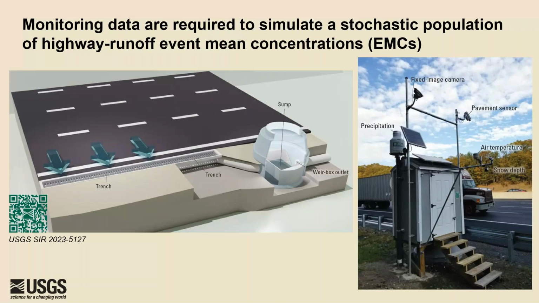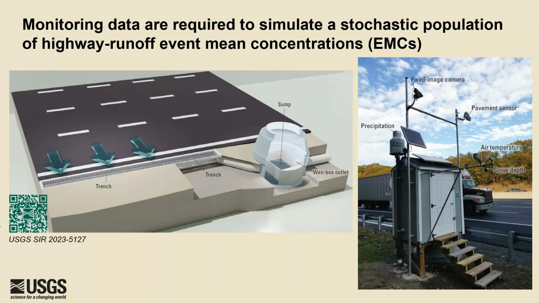This graphic shows the design of this monitoring system, which captured all the runoff from a section of pavement and then sampled it through a weir box. In this study, nearly every single storm event that occurred was monitored, which produced a very large data set. And monitoring data sets like this are really valuable to characterize runoff and, of course, inform our simulations.